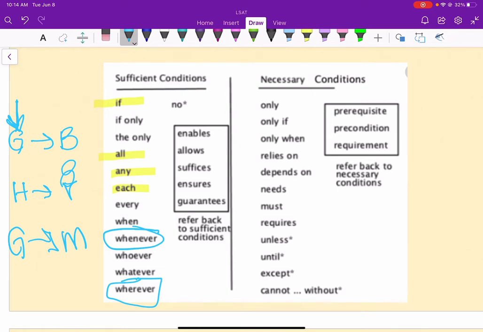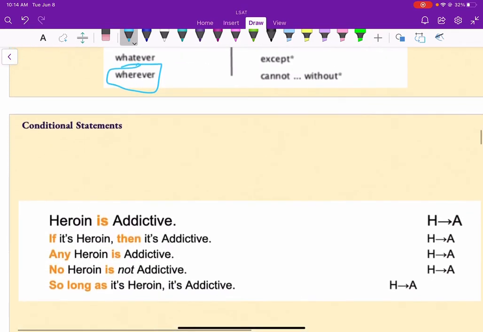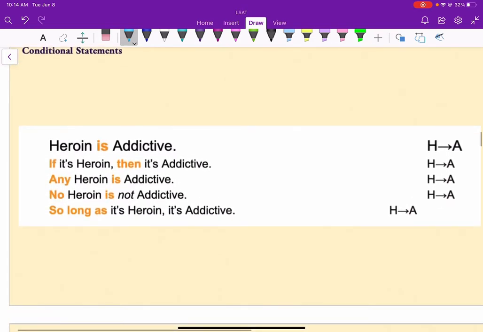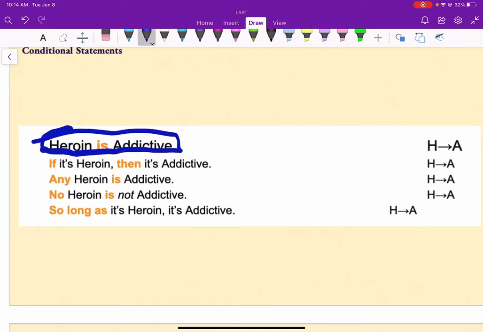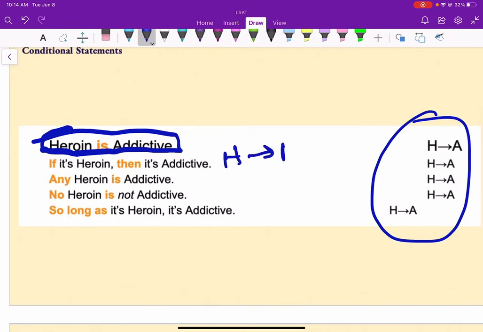I hope that this makes sense. We're going to see what this looks like here. So here is a way of saying heroin is addictive in a couple different ways, but all of these are diagrammed the same. So we have our basic if-then statement. So if it's heroin, then it's addictive. But we also can say this as any heroin is addictive. So once again, any.